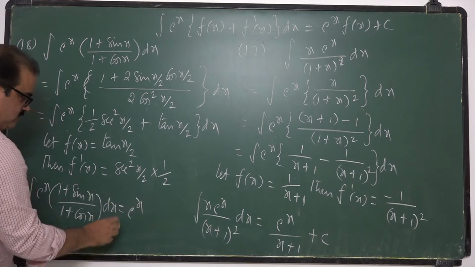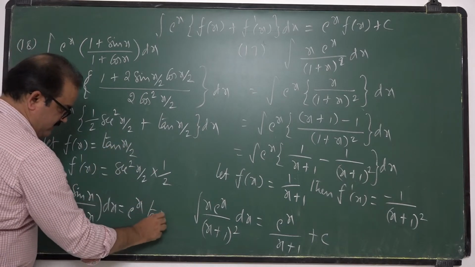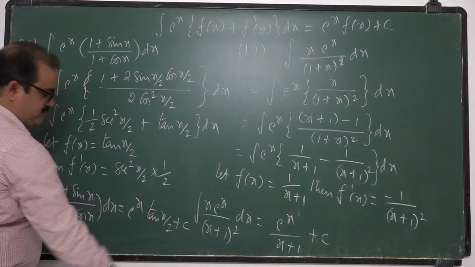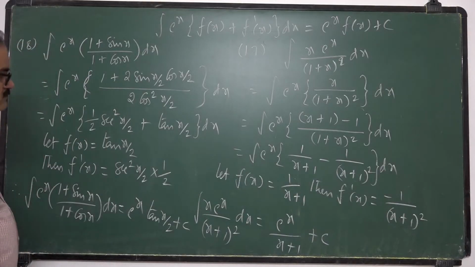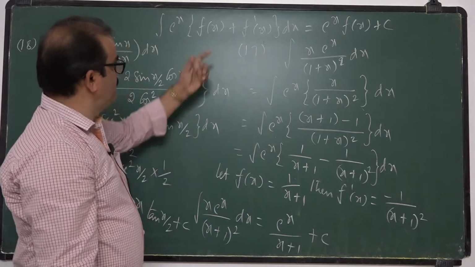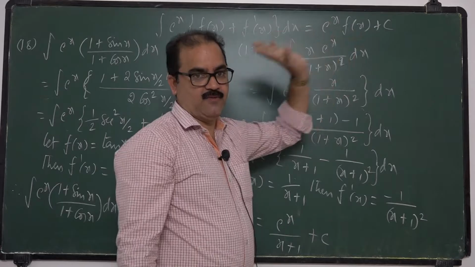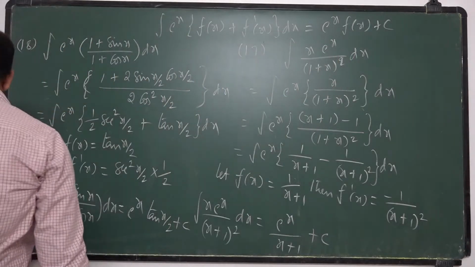What is f of x? Tan x by 2 plus c. If the given problem is in this form, then you write this formula and apply it directly.